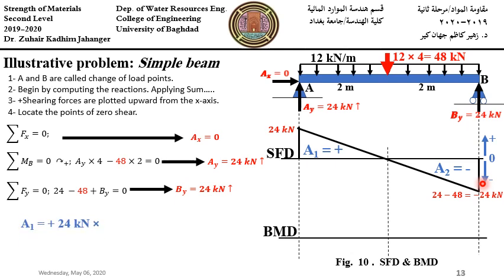To calculate the bending moment at the midspan, we need to calculate the area, because the bending moment between any two sections equals the corresponding area of the shear diagram. So area 1 equals the area of the triangle.